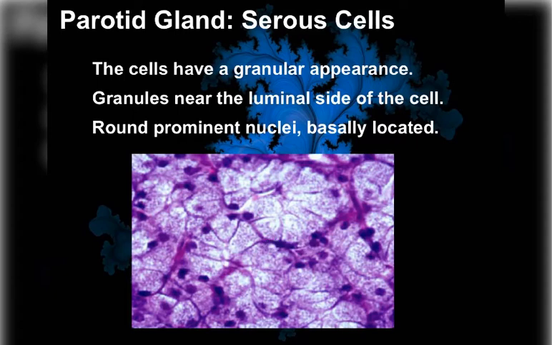These are myoepithelial cells. They are not mucus cells, but they are not many. That's why we always look at the majority. So if you see the majority are round nuclei, then these are serous secretory cells.